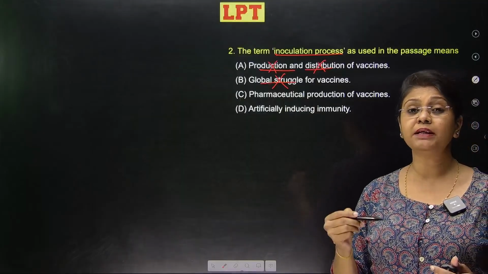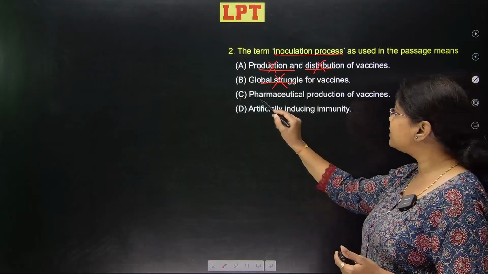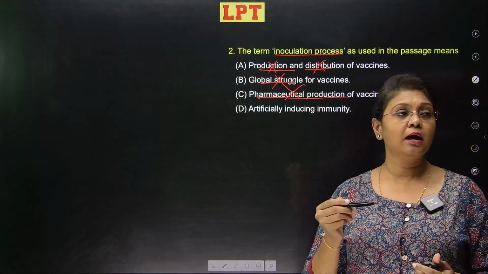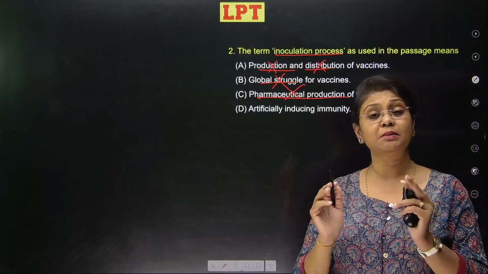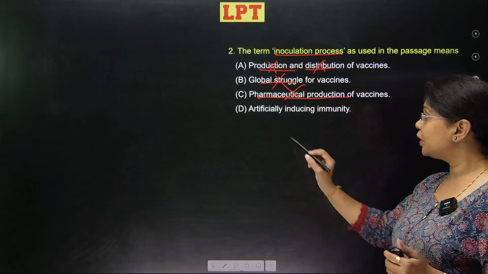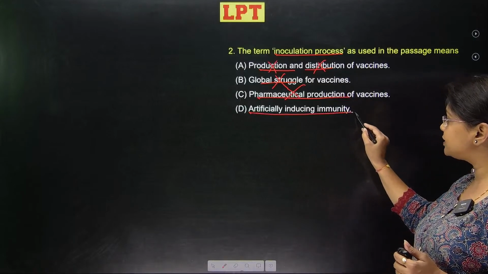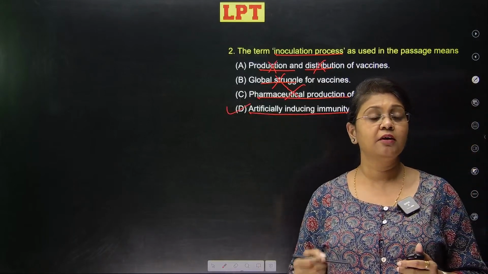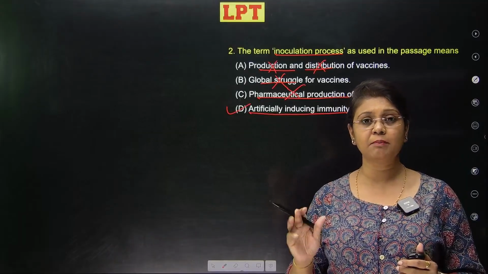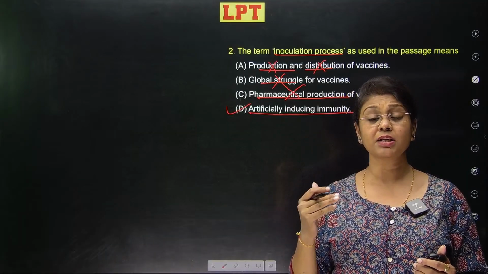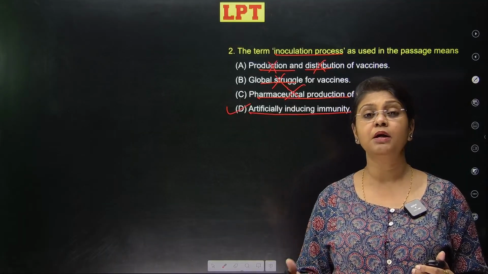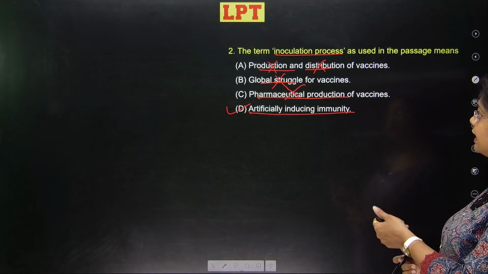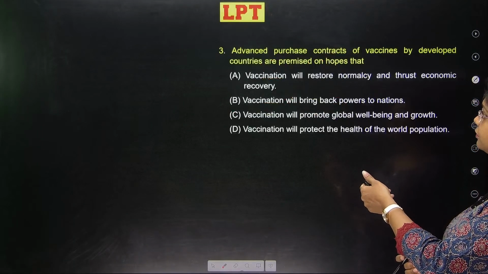Inoculation does not mean global struggle. Then pharmaceutical production of vaccines, it also does not mean pharmaceutical production. It simply means vaccination. So your answer is artificially inducing immunity, which is just describing what vaccination means. For those of you who don't know, just remember vaccination is also known by a complex term, which is inoculation process.